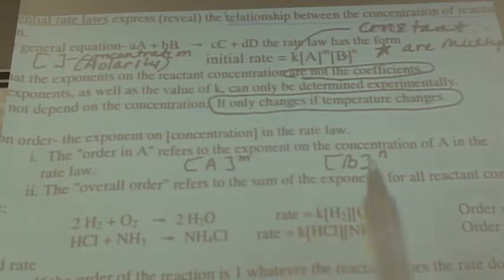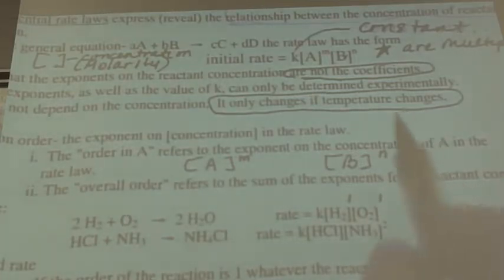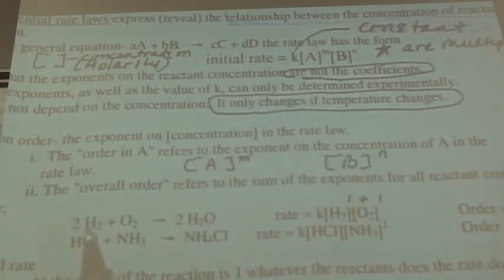The experimentally determined rate law expression is rate equals K times [H2] times [O2]. Remember, chemists are really lazy. They never write the number. If there is no order written above the brackets, you assume it is 1. So the overall order for this reaction would be 1 plus 1, or 2.